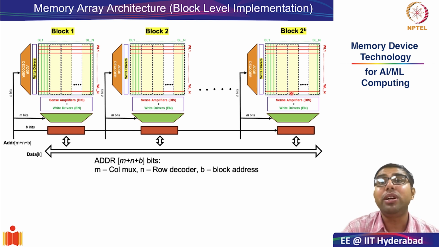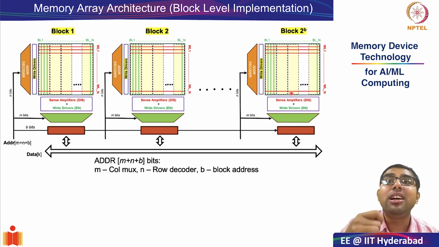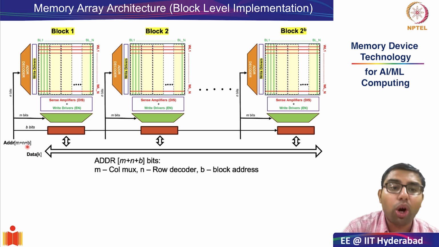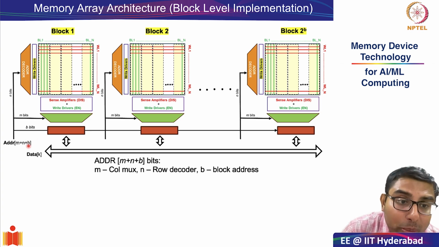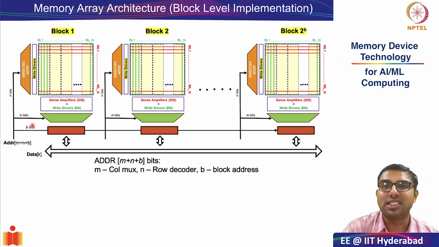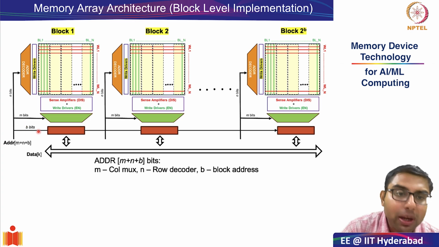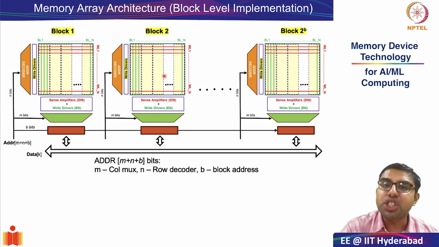Which of the k bits of data is actually selected and asserted on the data bus is determined by the remaining b bits. The b bits indicate which block is giving out the relevant data.